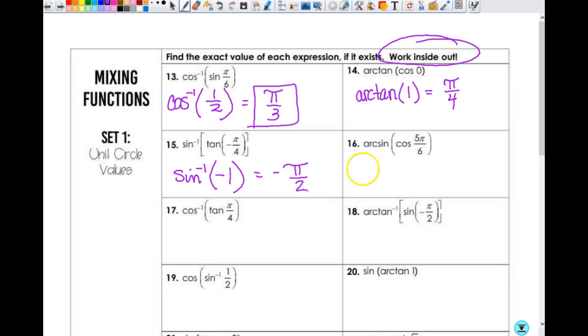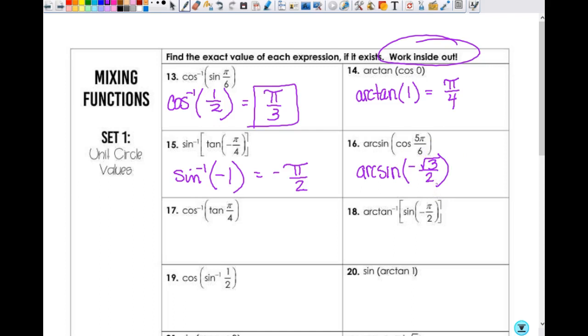All right, so then I want the arcsine of, what is the cosine of 5 pi 6? Okay, so it's square root of 3 over 2, and then 5 pi 6 is in the second quadrant, so it is negative, right?